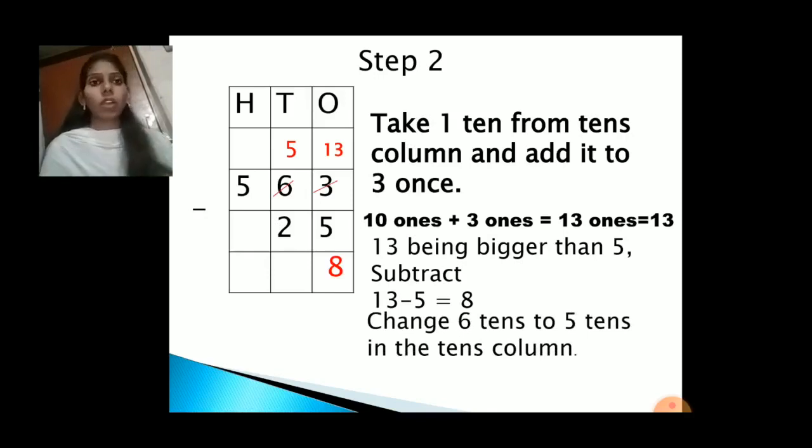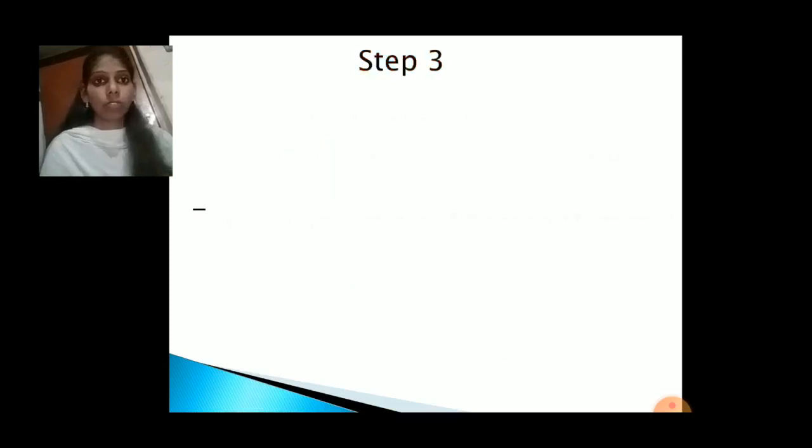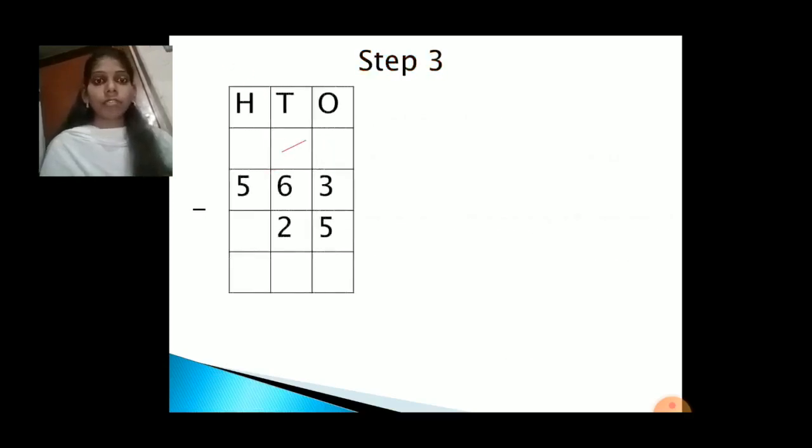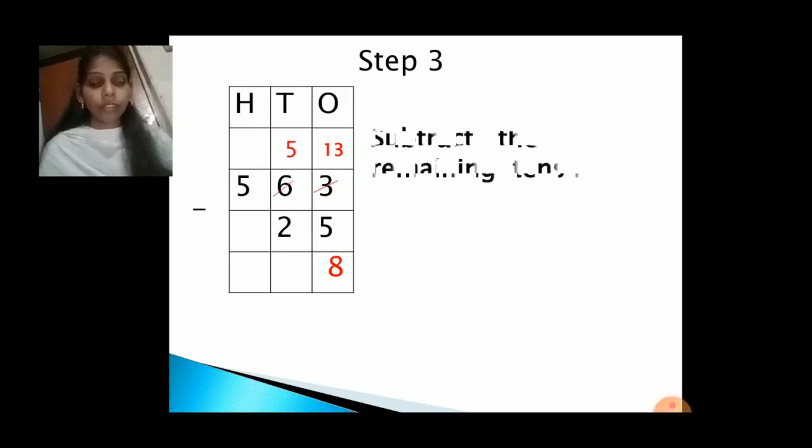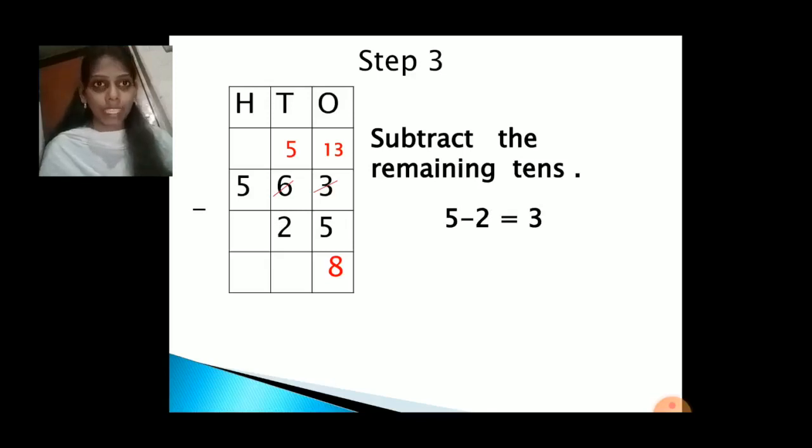Okay. So now our step number 3. First what did we do? We cut the 3, instead of 3, we wrote 13. Now 13 minus 5 equals 8. Then we changed 6 tens into 5 tens. And then what will we do? Subtract the remaining tens. It is our step number 3. Means 5 minus 2.